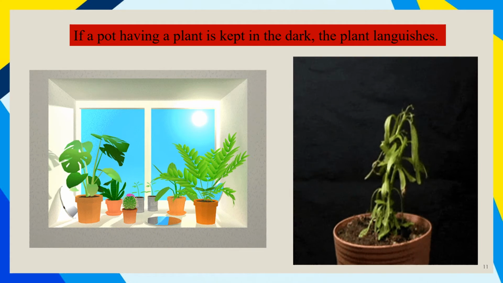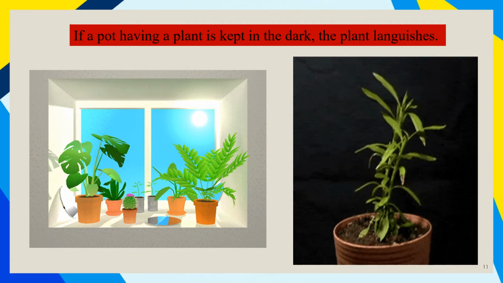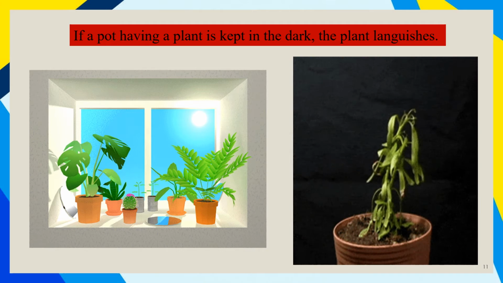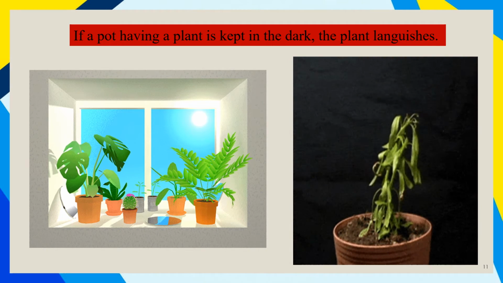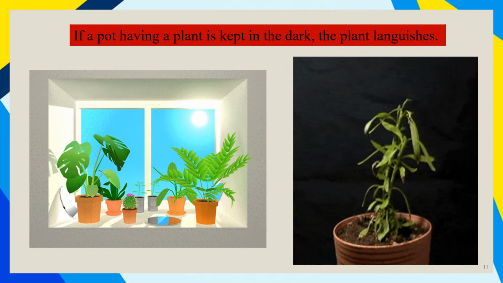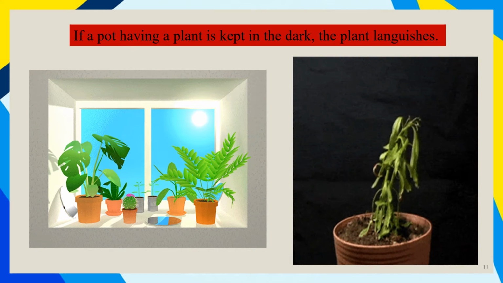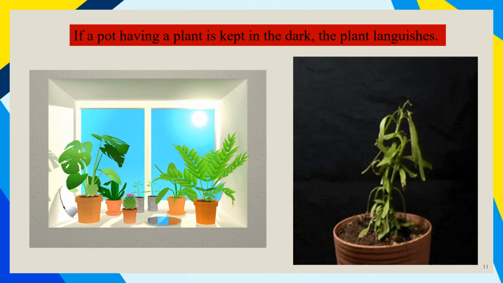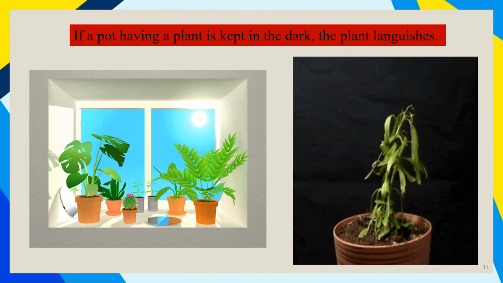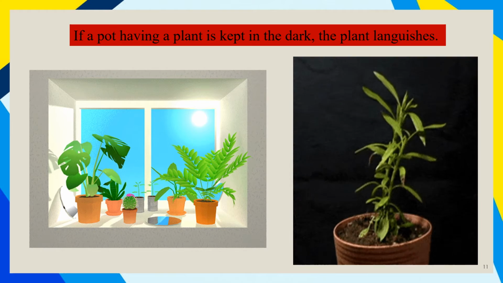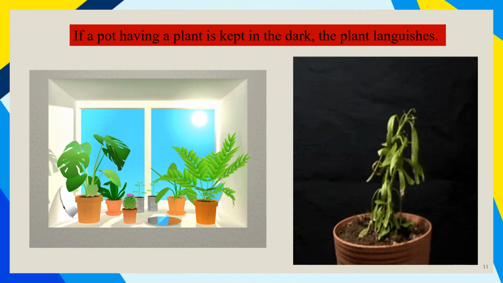The plant will tend to die. The plant languishes. Why does this happen? Because the plant gets energy from the sun. We have learned in our previous classes that plants require sunlight for preparing their food, and food is very essential for all living things, right?